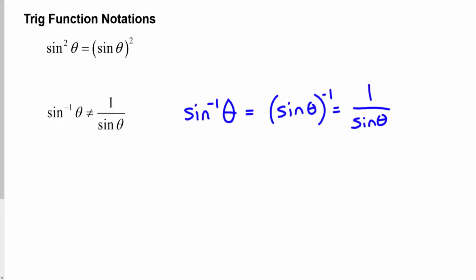But unfortunately, that's not the case. This is a different notation. Sine to the -1 power stands for arcsine of theta, and basically what it does is it returns an angle measure based off of a ratio of sides. So it's a completely different notation altogether.